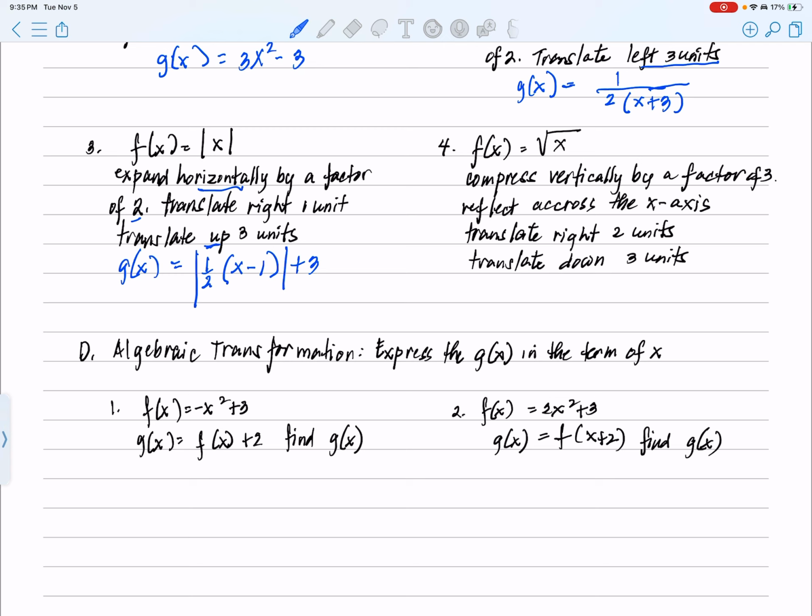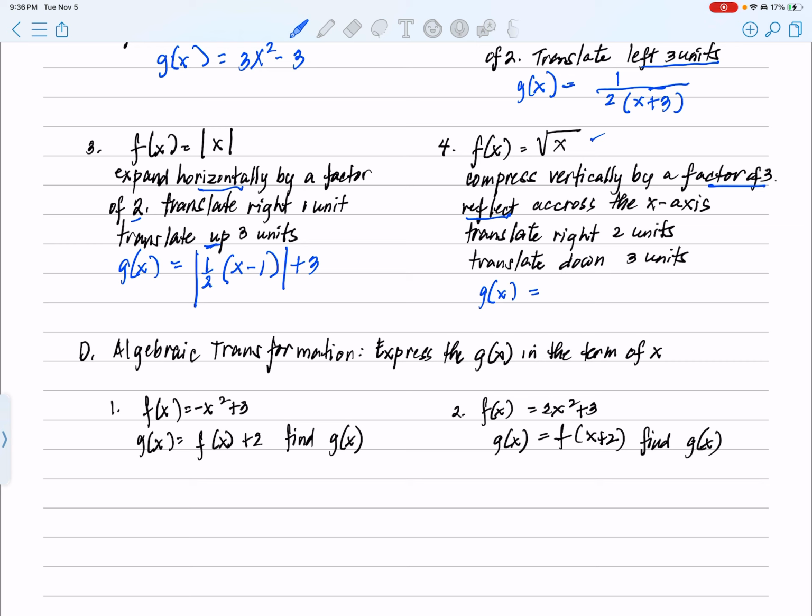F of x is the square root of x, compressed vertically by a factor of 3. So the g of x will be, we have the square root of x as the parent function there, by a factor, and it's reflected. So the factor vertically is 3.